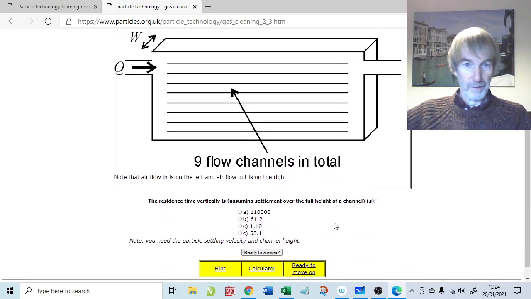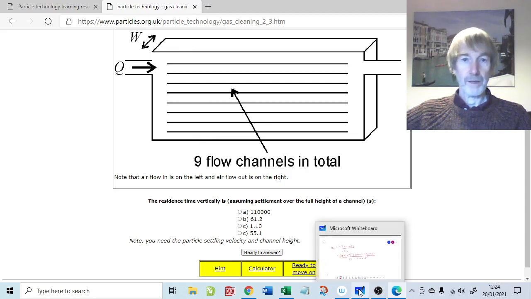Okay, so the residence time vertically, assuming the full height of the channel. In other words, each channel divider is of insignificant thickness, because we know the height is 1.5 meters, so we're just going to divide 1.5 meters by 9 to work out the height that we have to settle.